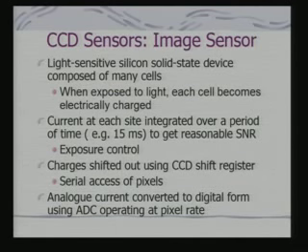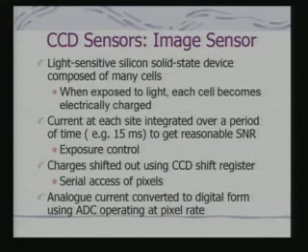So these sensors are for sensing images. We are looking at, in particular, CCD sensors, which are light sensitive solid state silicon devices composed of many cells. These cells are actually nothing but some form of capacitances which accumulate charge depending on the intensity of the incident light.